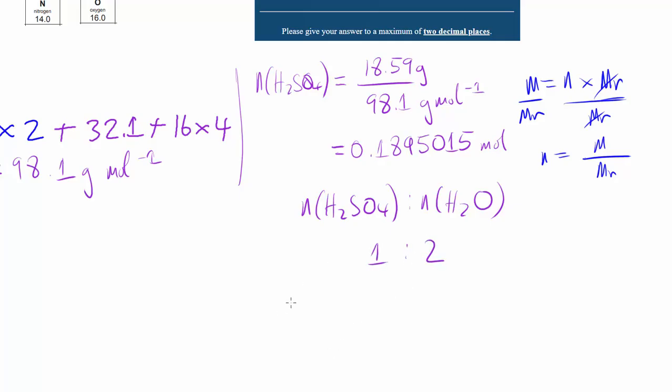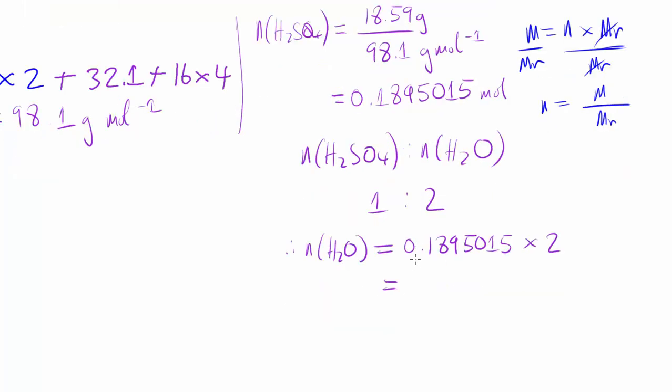Therefore the moles of H₂O is simply 0.189515 multiplied by 2, which gives us 0.379003 moles.